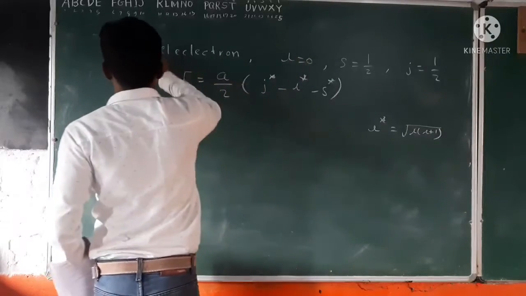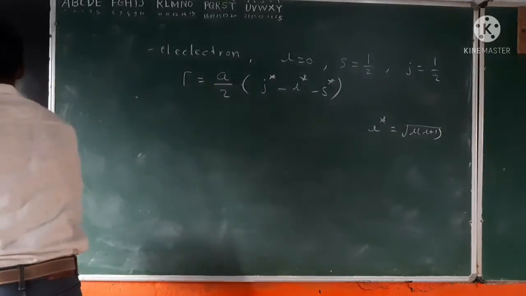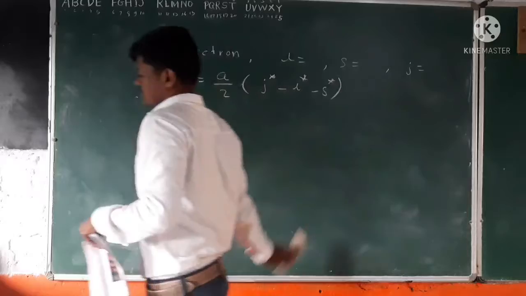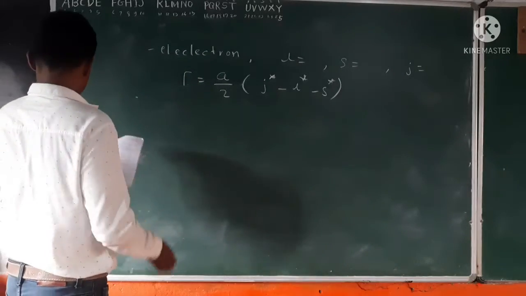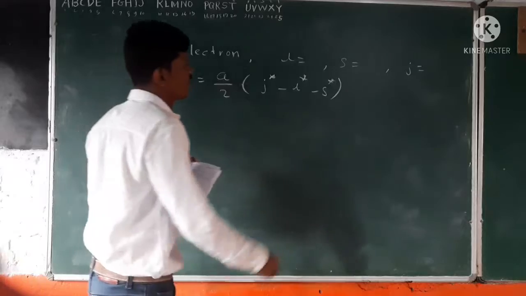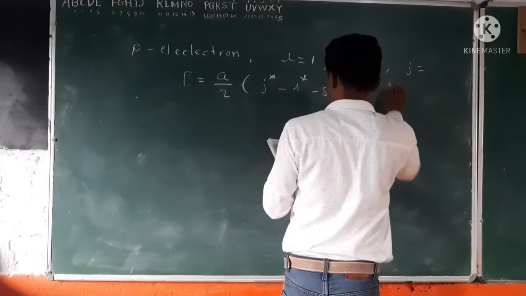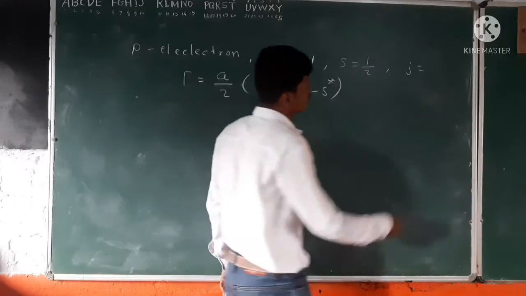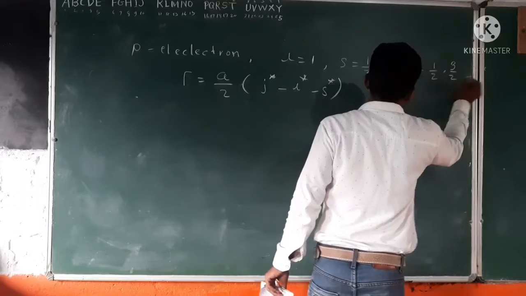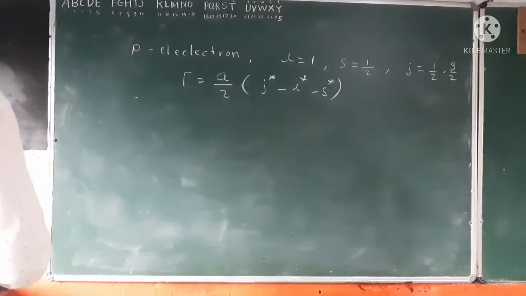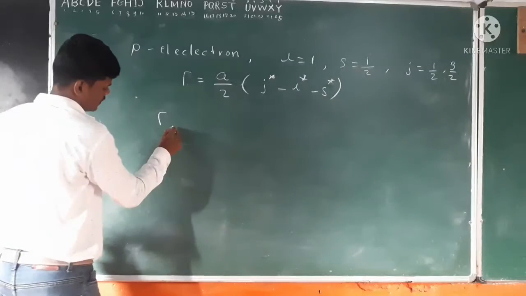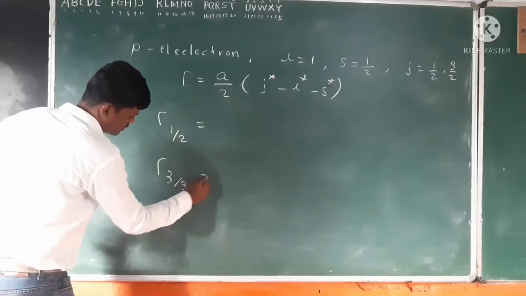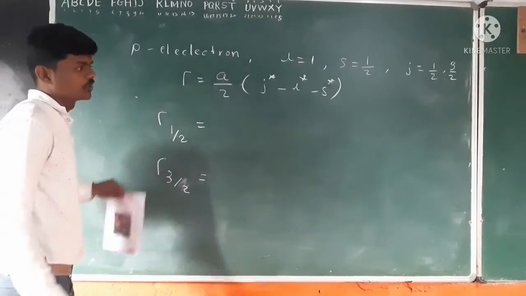Now let's calculate for a P electron. For a P electron, L is 1 and S is half. Then the values of J are L plus S down to L minus S, so half and 3 by 2. We have to calculate two term shifts.